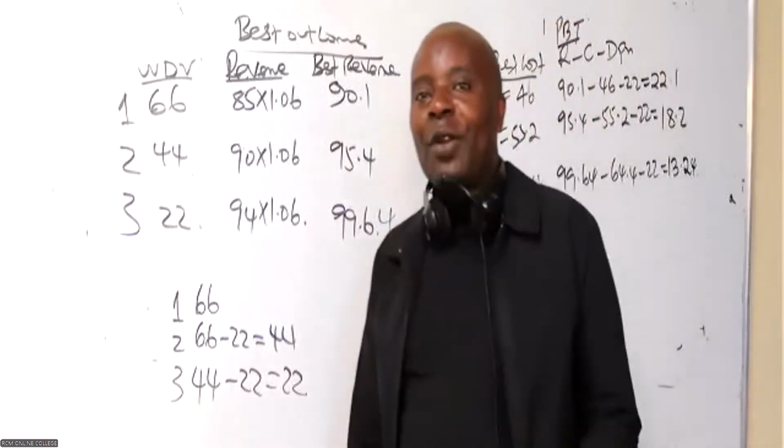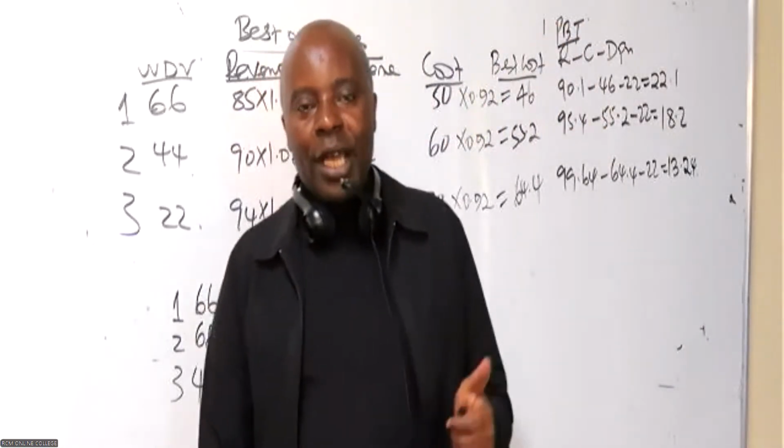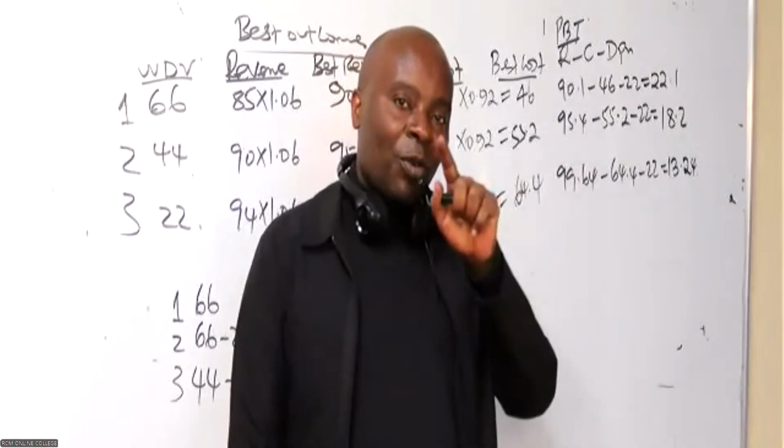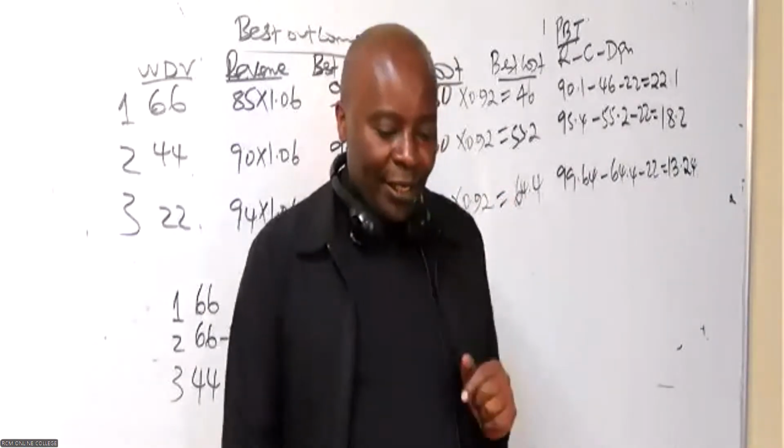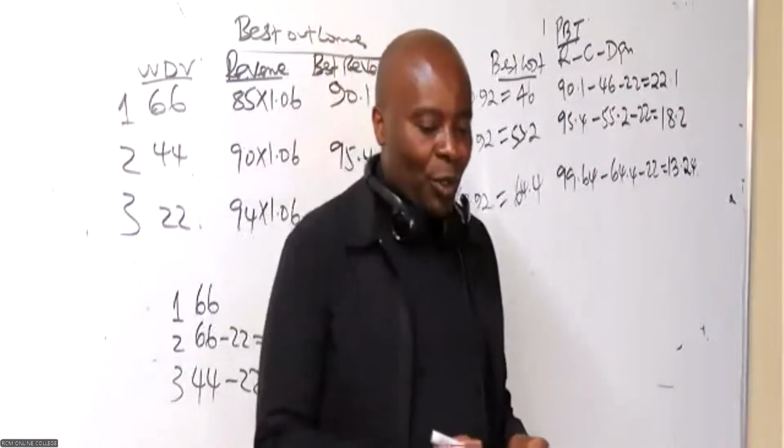Had we been given a rate of tax, if I were the one setting the question, I would have provided tax at 30%, then we would have gotten a PAT. All right. So there we are doing very well.